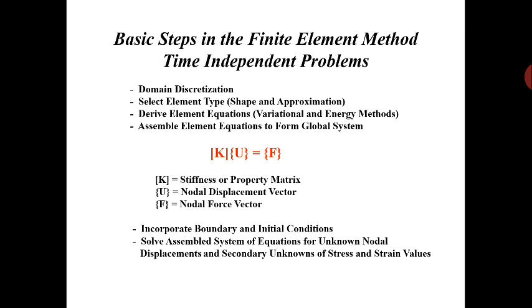So the next step is to incorporate boundary and initial conditions. So we can give the initial boundary conditions to them, and we can solve this assembly of matrices, that is K, U and F, to form the simultaneous equations.